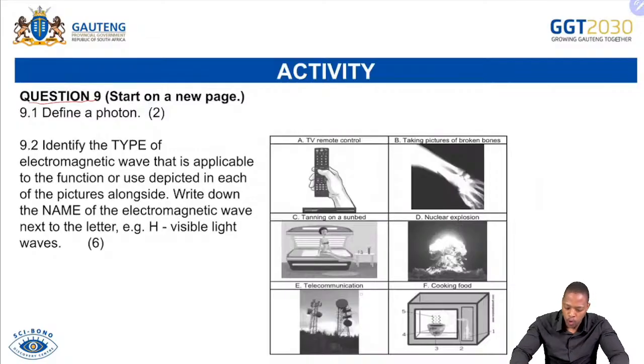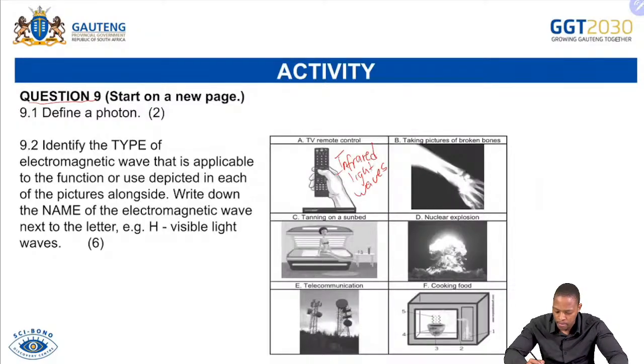For the TV control, I'm sure, and I hope everyone saw, these should be infrared light waves. And then for the broken bones, again sort of obvious, these are X-rays.